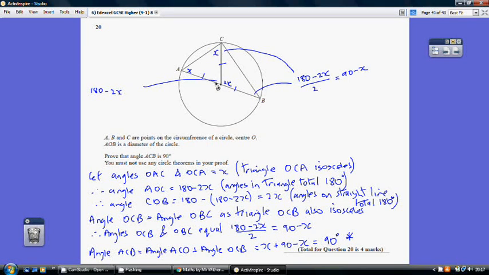And if this is 180 minus 2x, this angle here must be 2x, so that when we add these two together, we get a total of 180 degrees. Now, if this is 2x, and now focusing on triangle OCB, we have another isosceles triangle, because these are both radii. So these two base angles are going to be.